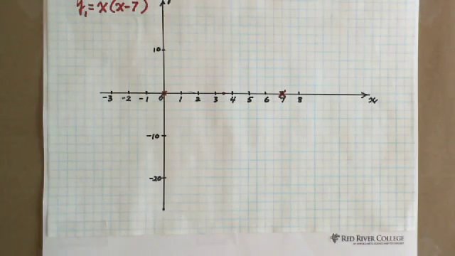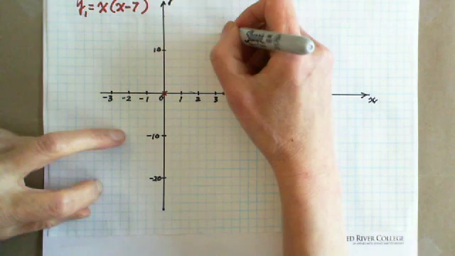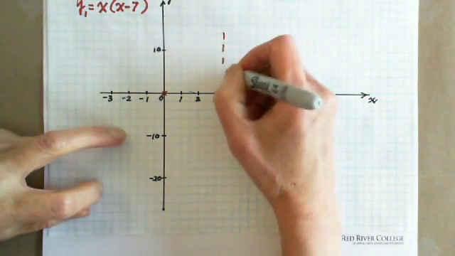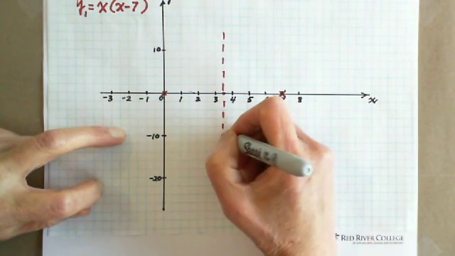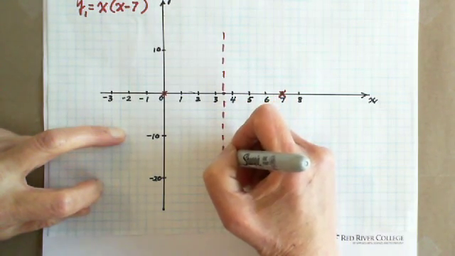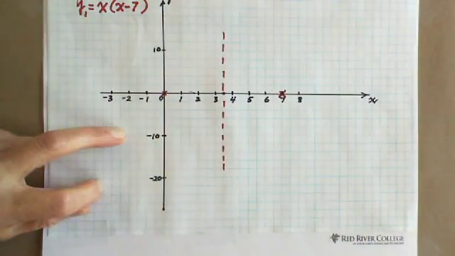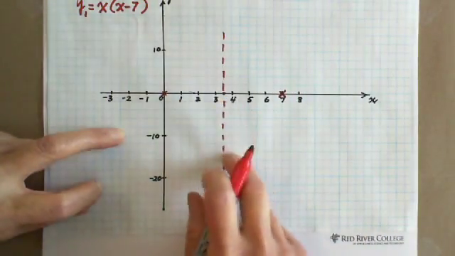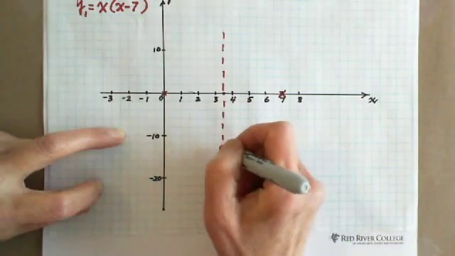So we can draw the symmetry line here. The parabola on both sides is symmetric.